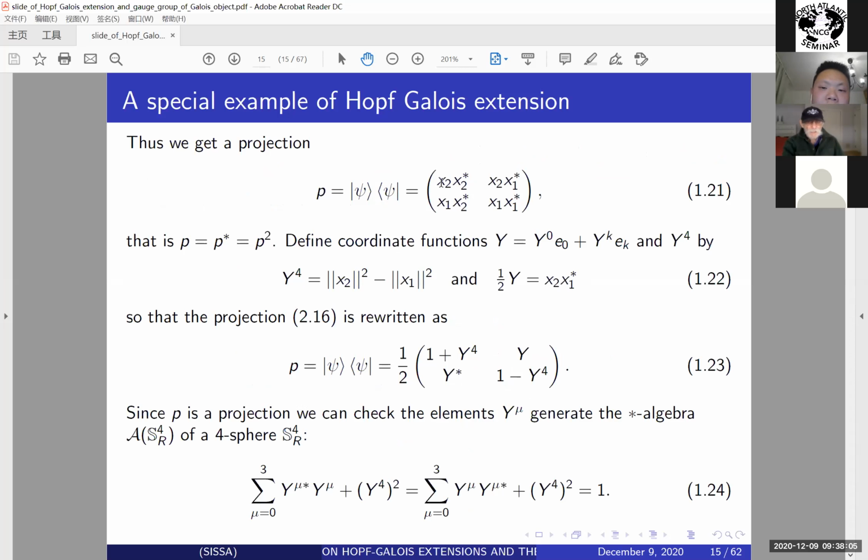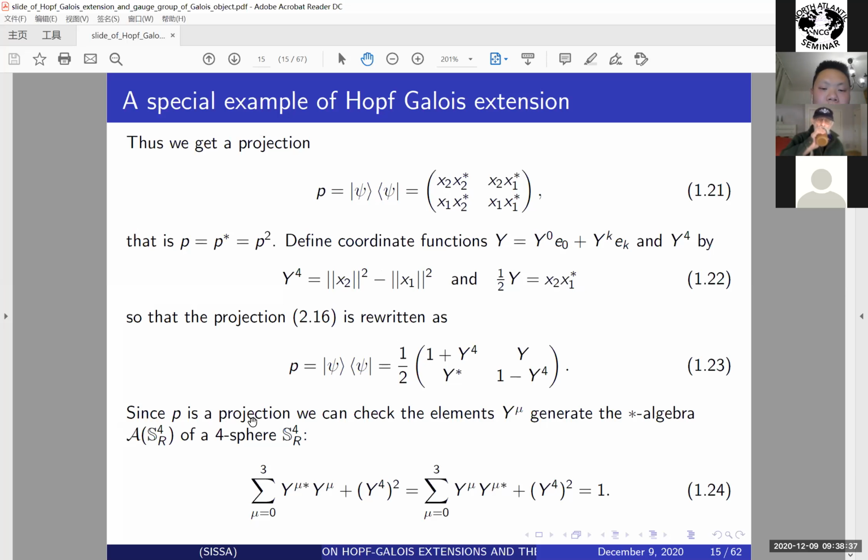For example, the first entry is x2 x2 star, and we can check that this matrix is a projection since p is equal to p star equal to p square. If we define another coordinate function y to be y0 e0 plus yk ek, and y4 equal to the difference between x2 square and x1 square, and y equal to 2 times x2 x1 star, then we can write p in terms of y and y4.